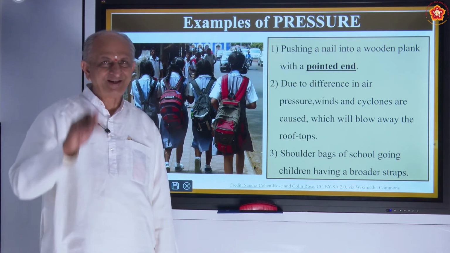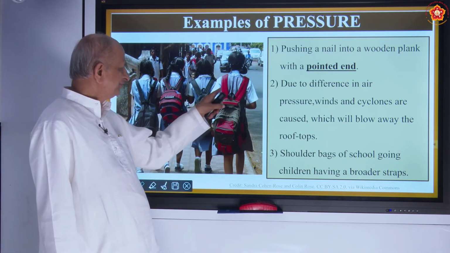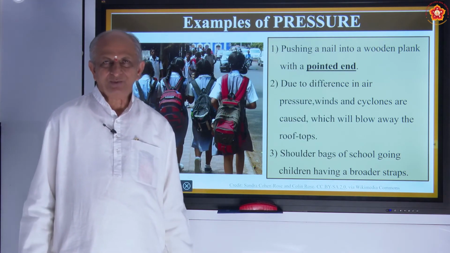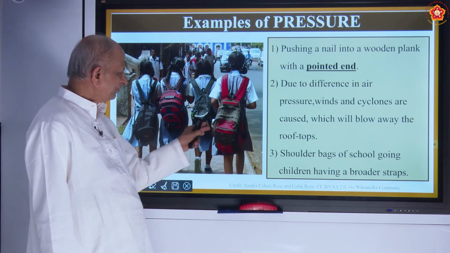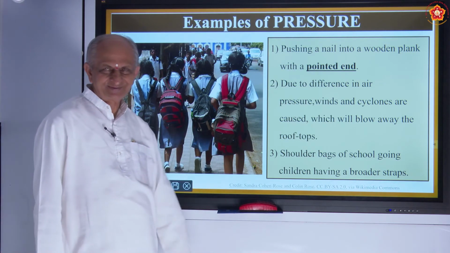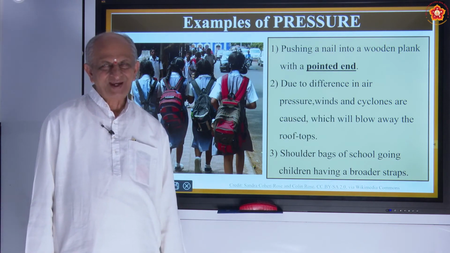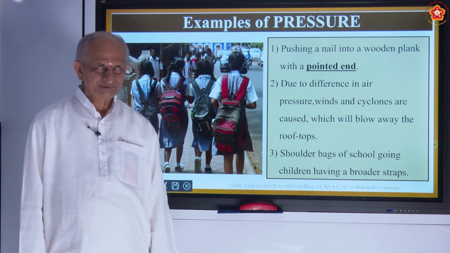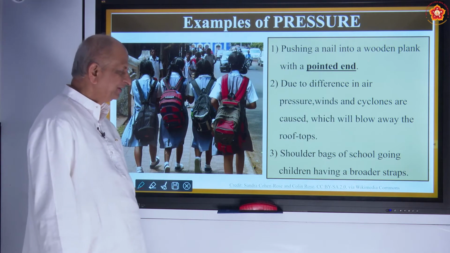To reduce pressure. Suppose the straps are thin, it will give more pressure. Usually they carry about 5 to 6 kgs every day. I am telling this for kids of 6th standard and above. For 10th and PUC, they will have more books.